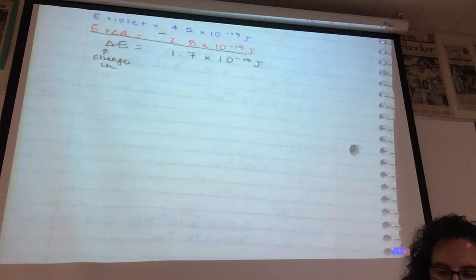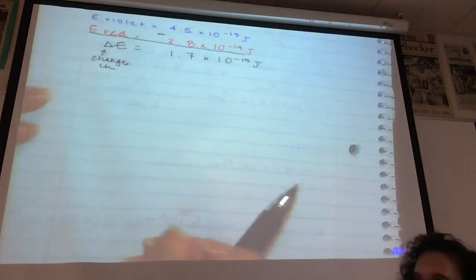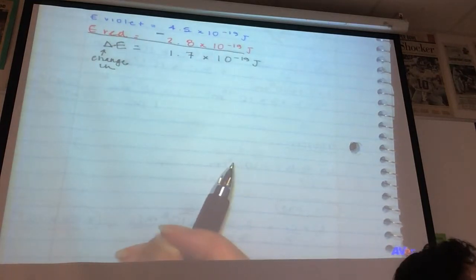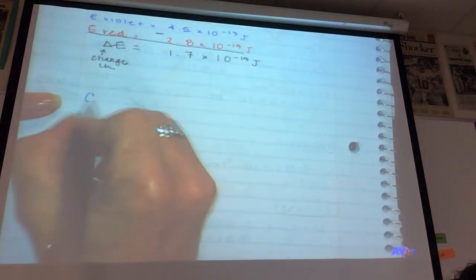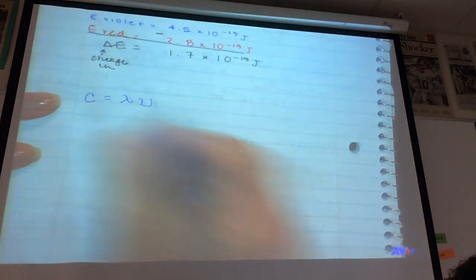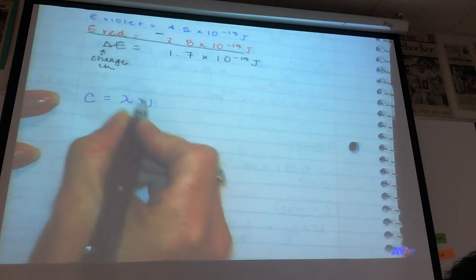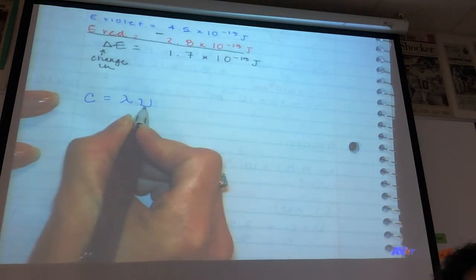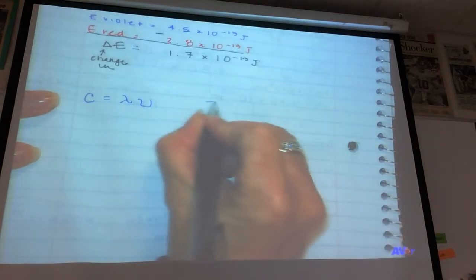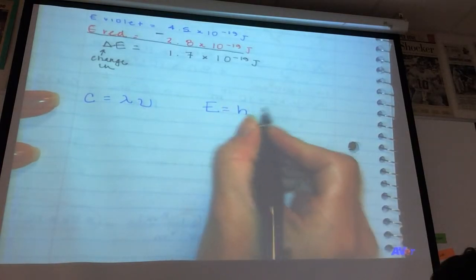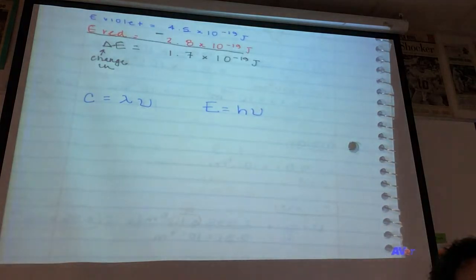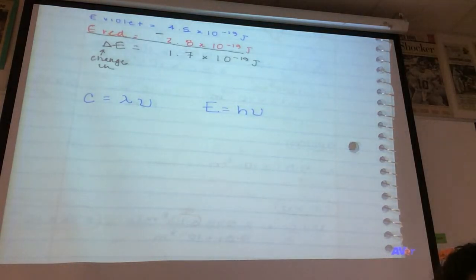The very last thing we want to do involves substitution, just like you did in algebra or even in pre-algebra back in middle school. We know that the speed of light is equal to the wavelength times the frequency. We can see the inverse relationship between the wavelength and the frequency. We know that energy is equal to Planck's constant times the frequency. I want to derive a new equation with energy and wavelength.